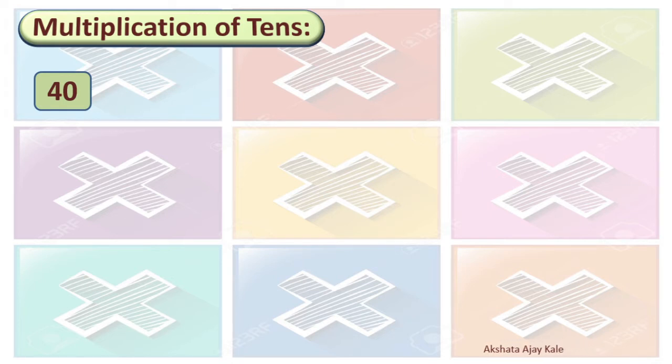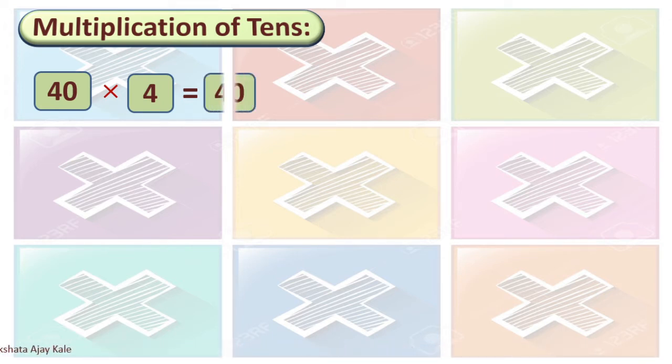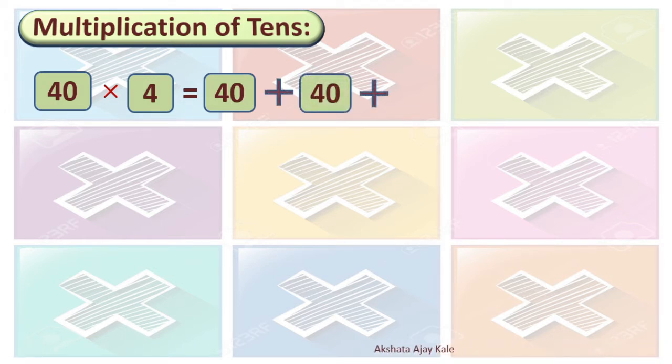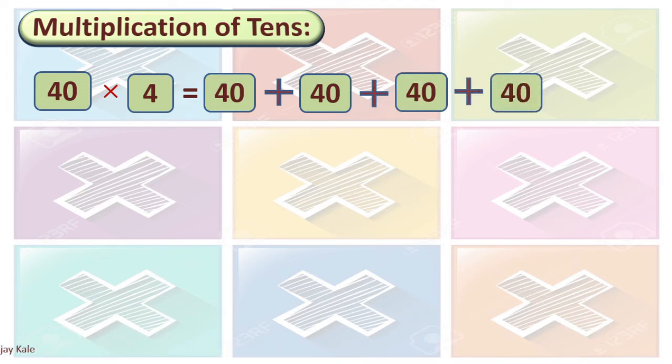Okay, now 40 multiplied by 4. 40 multiplied by 4 is equal to, what is the meaning? You know that? Yes, dear children. 4 times we are going to add, isn't it? So I will add here 40 plus 40 plus 40 plus 40.